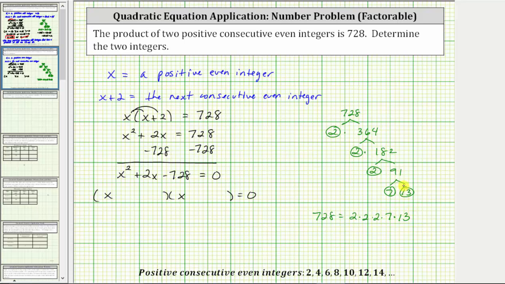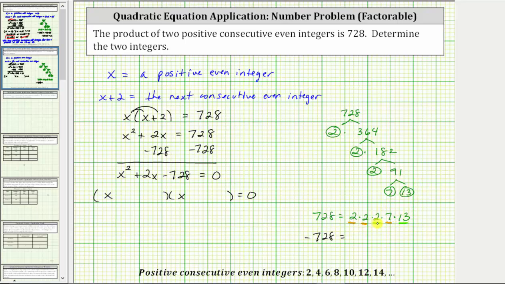Now going back to our problem, we are trying to determine the factors of negative 728 that add to positive 2. So looking at the prime factorization of 728, notice that 2 times 13 is equal to 26, and 2 times 2 times 7 is equal to 28.